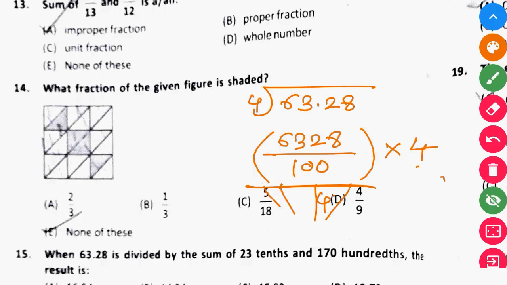So 4 ones are 4, 4 25s are 100. Now divide this 6328 with 4 25.